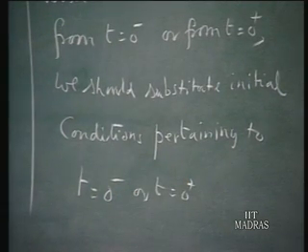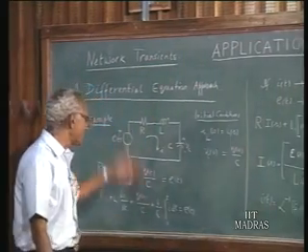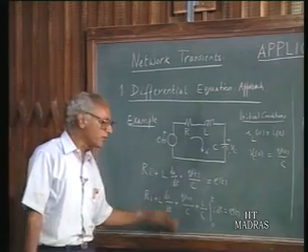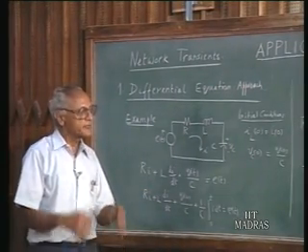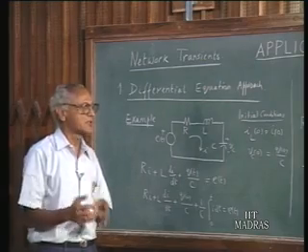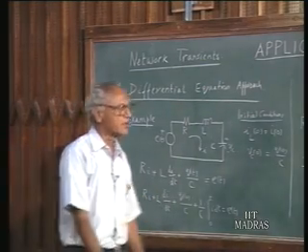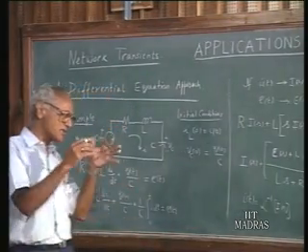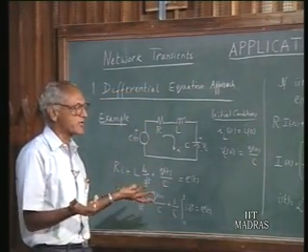Remember, in the classical differential equation approach, we need to find out the conditions at t equals 0 plus in order to solve this differential equation. But here we don't have to do that. If you know the 0 minus conditions, and if 0 plus conditions are different from that, you need to substitute only 0 minus conditions, and the complete solution is obtained. If 0 minus conditions and 0 plus conditions are one and the same, it doesn't matter whichever you substitute, it makes no difference.